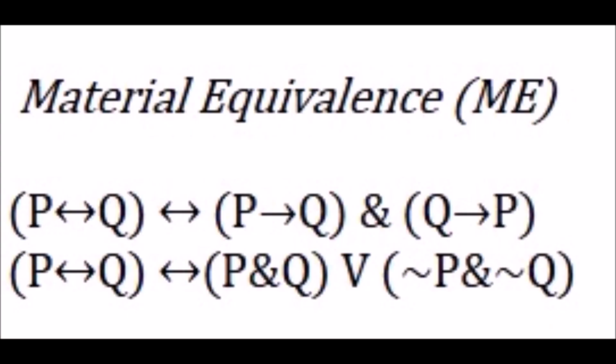Where any P and Q materially imply each other, we symbolize their material equivalents as P double arrow Q, rather than writing the longer P implies Q and Q implies P. The rule of material equivalence states that any proposition P is materially equivalent to another proposition Q when they materially imply each other and they have the same truth value.